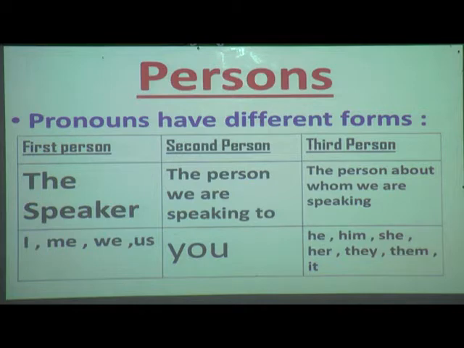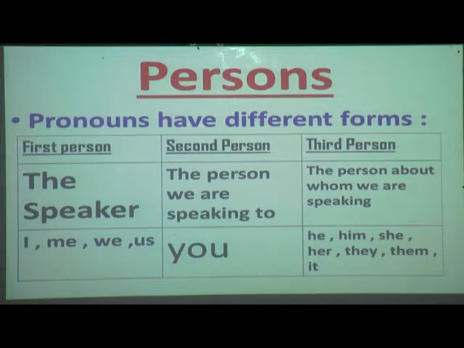In your book it is on page number 41, but just look at the slide. Pronouns have different forms: first person, second person and third person. First person means myself, the speaker. For example, if I am talking to you and your name is Ram and your friend's name is Ravi.